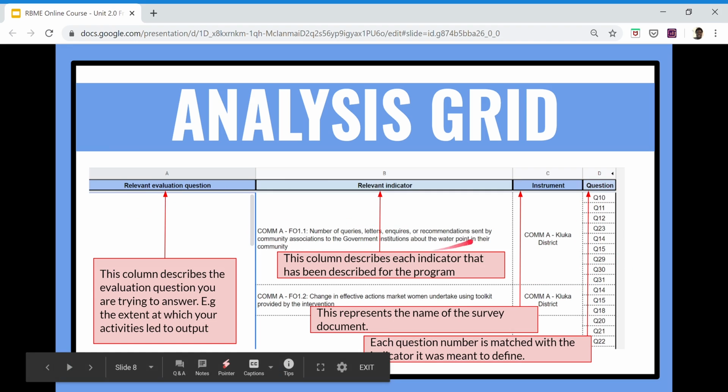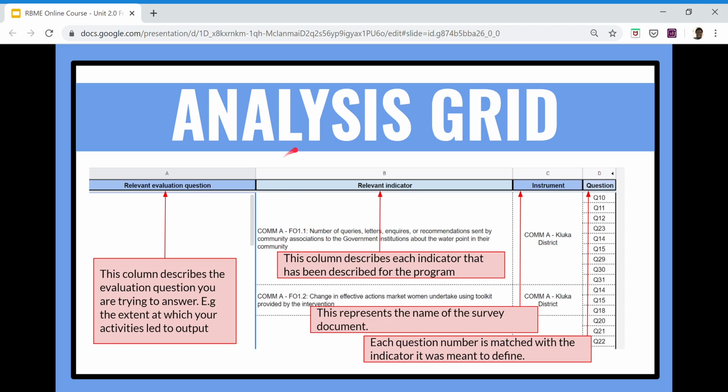This is very important for you to have, and it precedes going to the field, right? Before you go to the field, before you start data collection, you should be able to put this together.